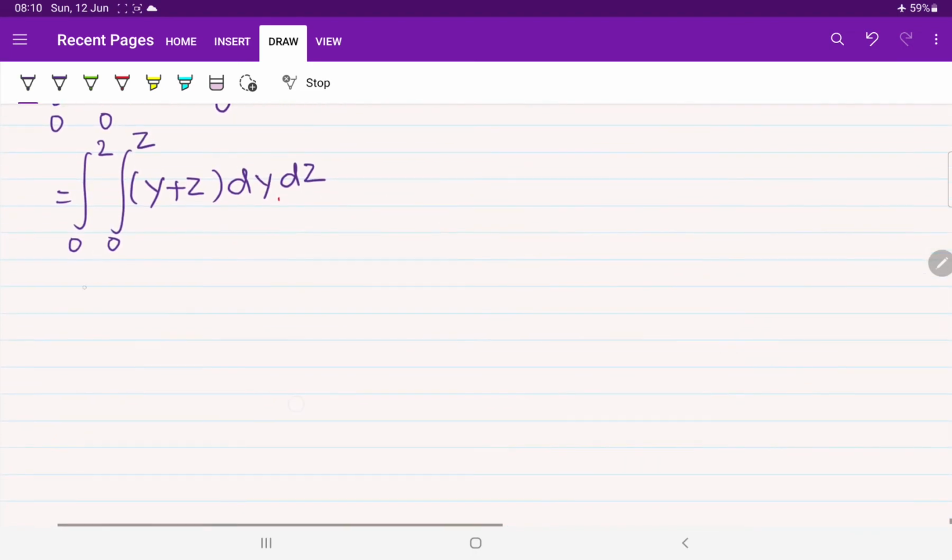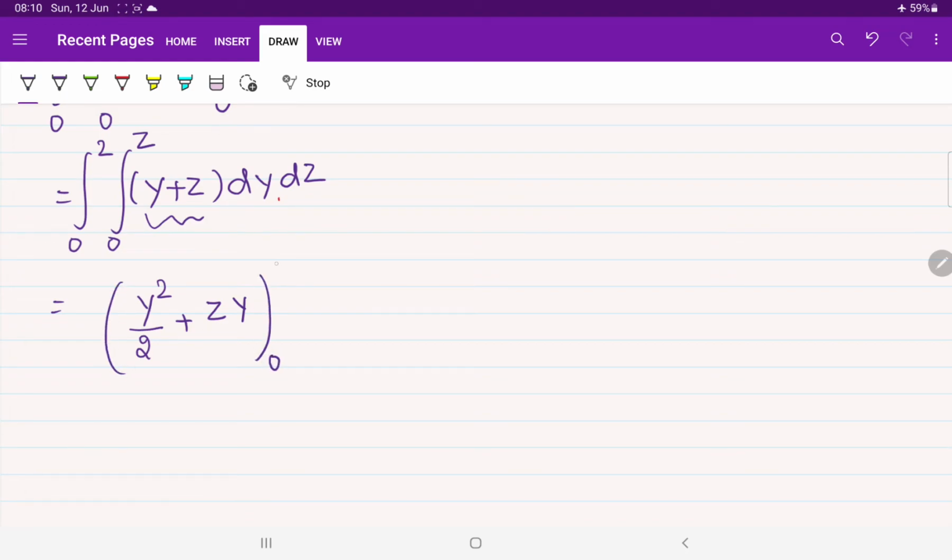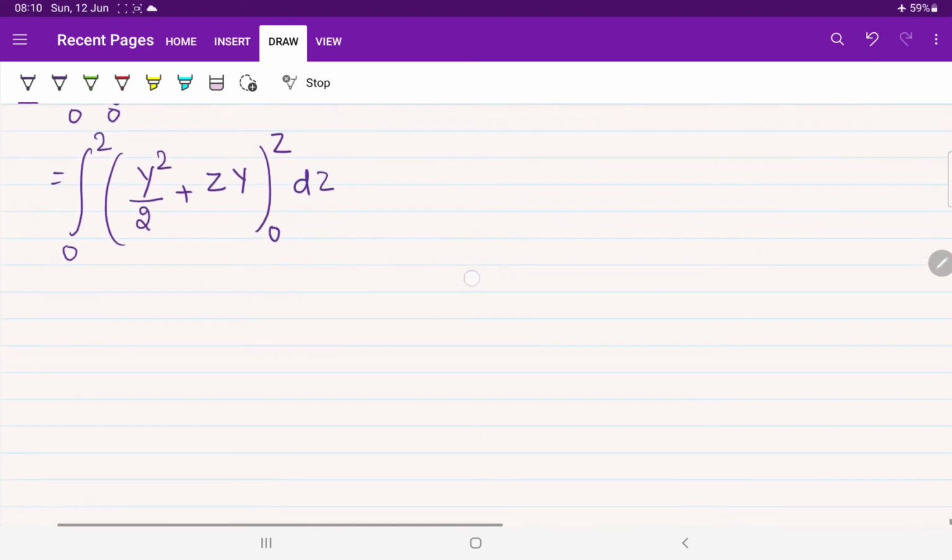What are we going to do now? Second time we have to integrate this function with respect to y. If we integrate with respect to y, it becomes y square by 2 plus, z being a constant, z with respect to dy becomes zy simply, and limits are going from 0 to z. The final limit is 0 to 2, and still we have to integrate with respect to dz.